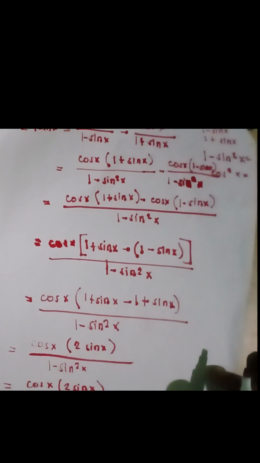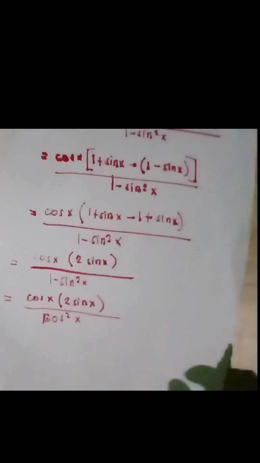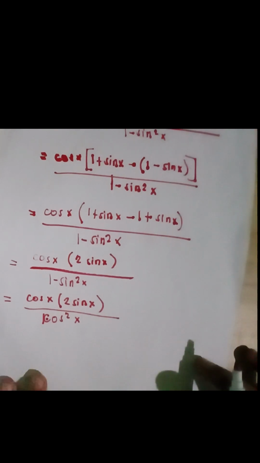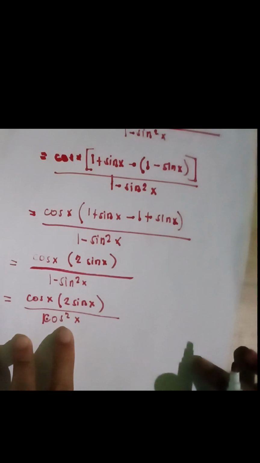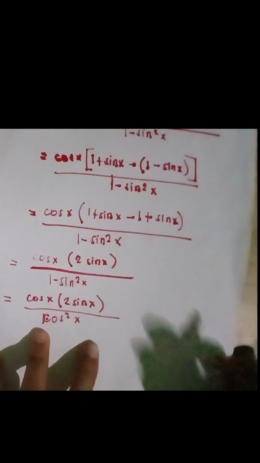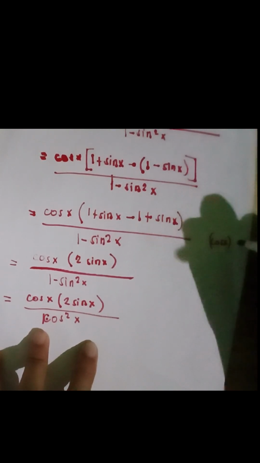Now let's cancel out the numerator and denominator, since the cosine squared x is just the same as cosine x times cosine x.